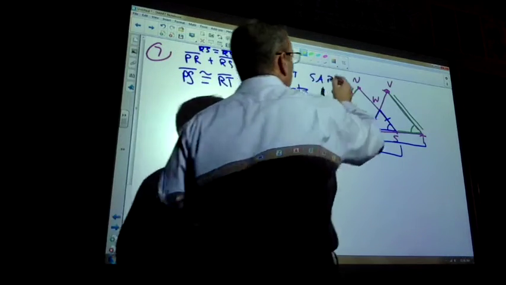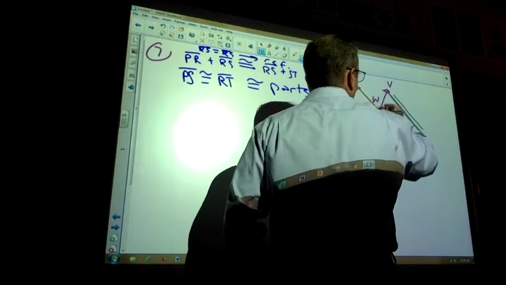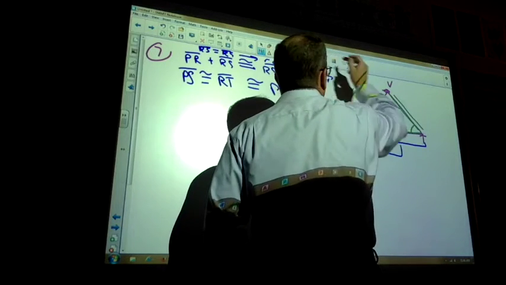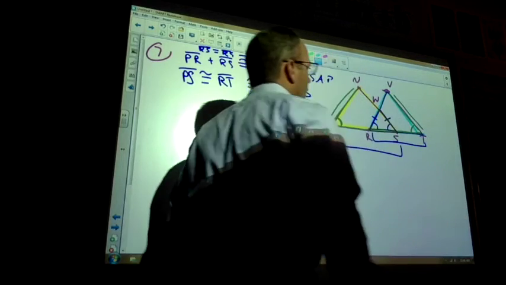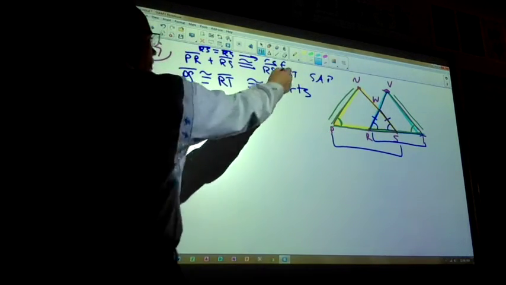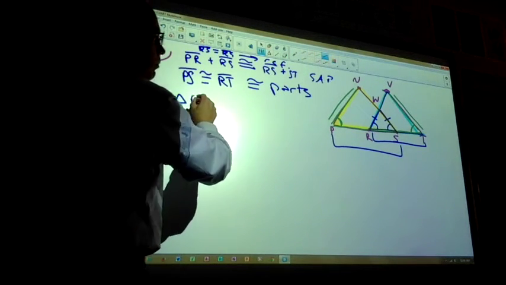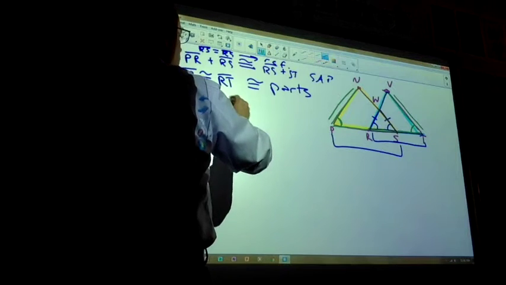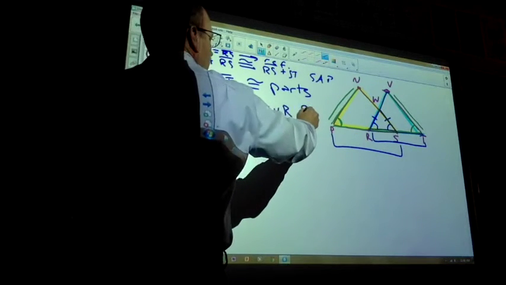By highlighter. That means that this, and then this, those are congruent. Looks like I can go side angle side for those triangles. So I have triangle PNS is congruent to triangle TBR, side angle side.